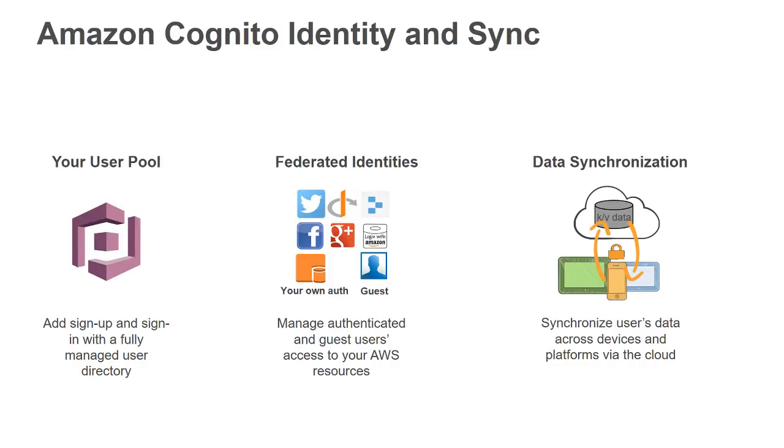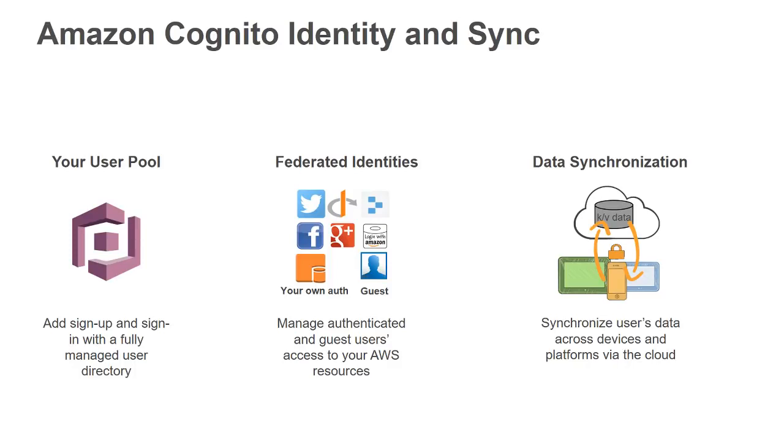Here's another thing, and this is the one we're actually going to use today: a federated identity. Cognito federated identity allows you to manage authentication to your AWS services, and you can do that with tokens, whether people log on via Twitter, Facebook, Google, Amazon, or as a guest.